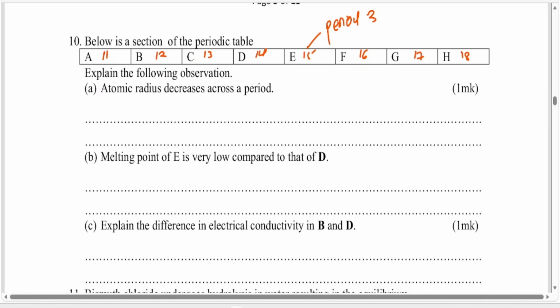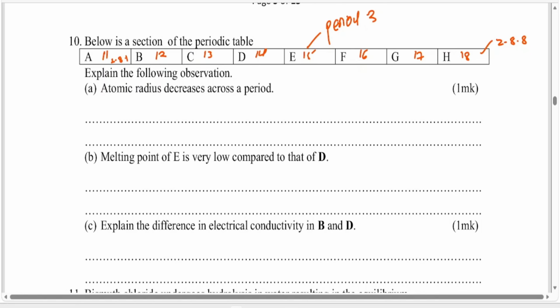When you look at the protons that we have, you realize that this being sodium, for instance, it is 2, 8, 1, and the last one is 2, 8, 8. As you move from sodium to argon, you notice that the number of protons are increasing.